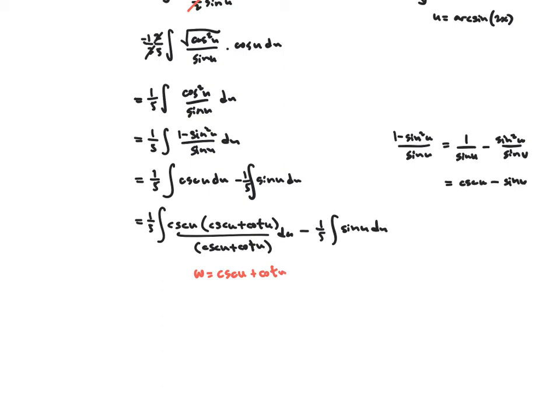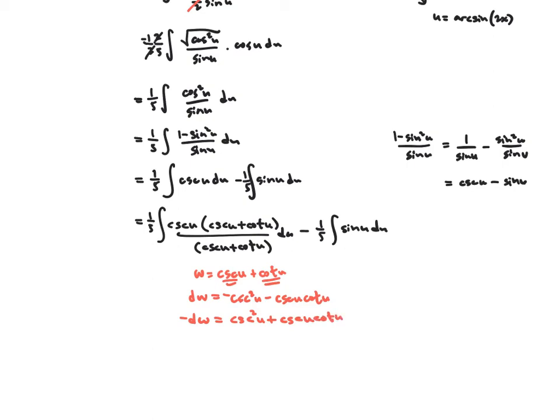Notice in the numerator I would have cosecant squared plus cosecant cotangent. So the derivative of cotangent u is negative cosecant squared u, minus cosecant, this will be the derivative of cosecant u, cotangent u. That'll be negative, right? So negative dw is equal to cosecant squared u plus cosecant u cotangent u.